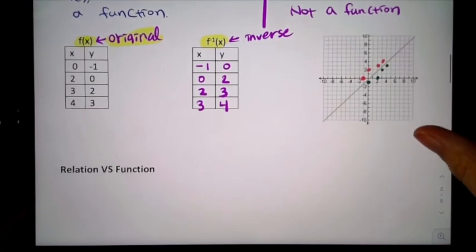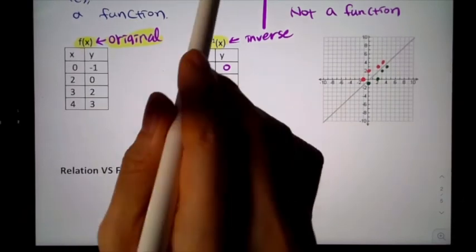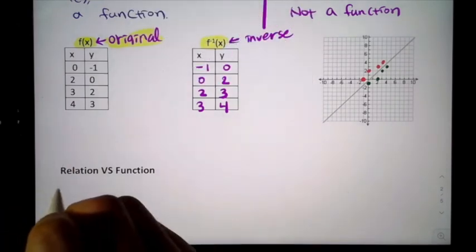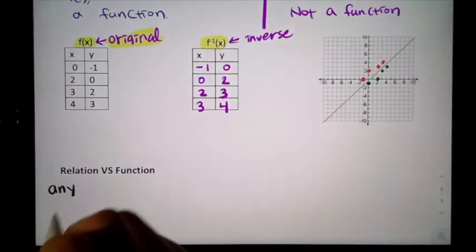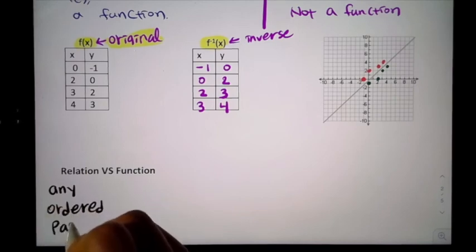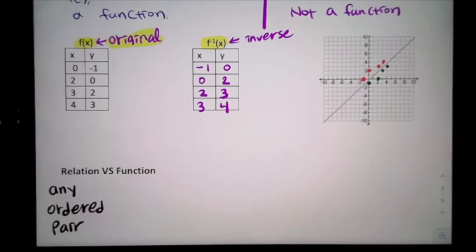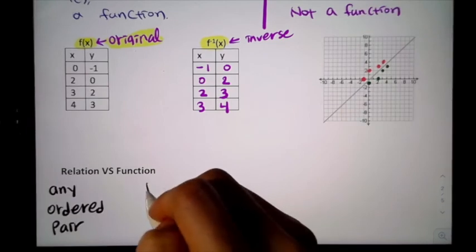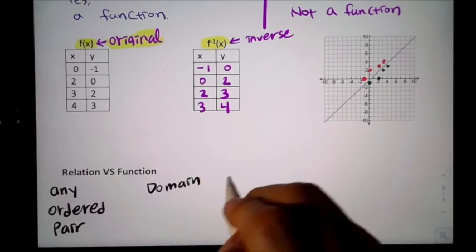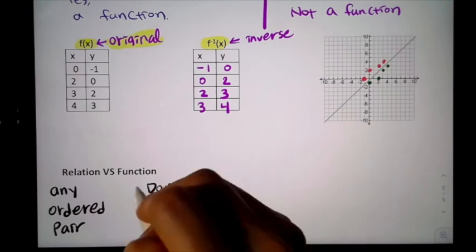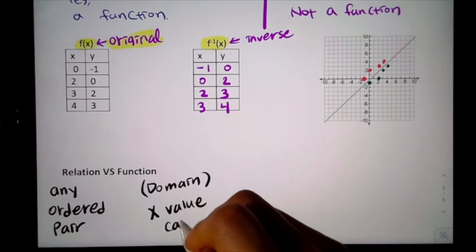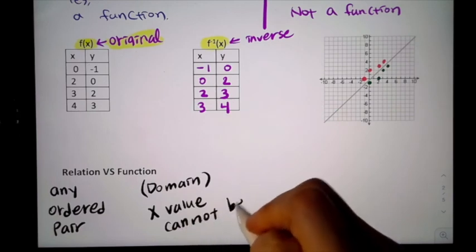So relation and function. Relation could be anything, any ordered pair. And for a function, the domain, or x value, cannot be repeated.